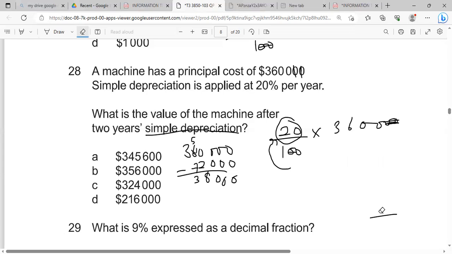So nothing went wrong right here. So we need to find 20%. To be honest, it's actually 40%. You can decrease the number by 40%. That's another way to look at it.